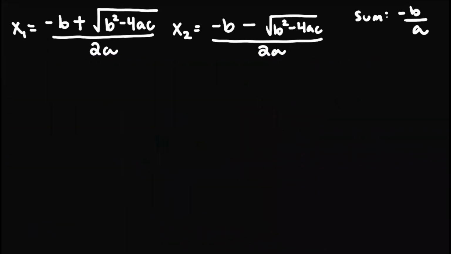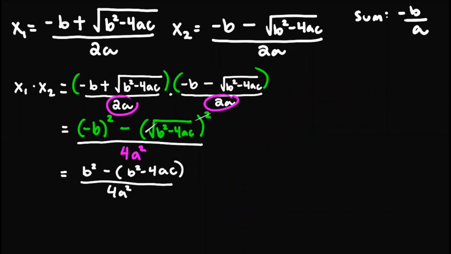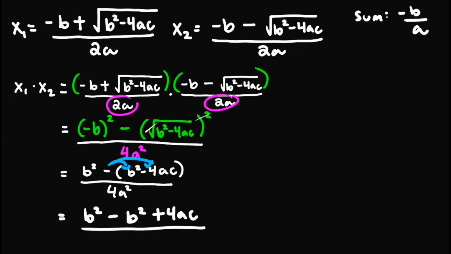Let's resize this. And from here, we distribute the negative sign to obtain b squared minus b squared plus 4ac over 4a squared.